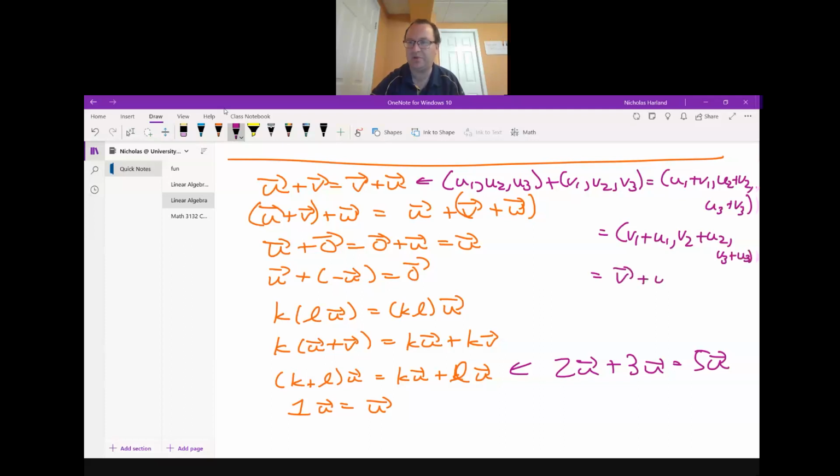And we would get v plus u. So none of these properties are particularly complicated. They all come from the definition of how we added things together, found negatives, all that kind of stuff back when we defined addition, subtraction, etc. And hopefully they're not overly surprising either.